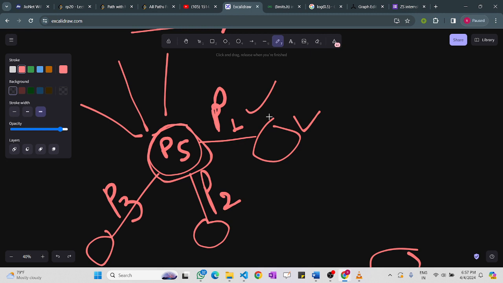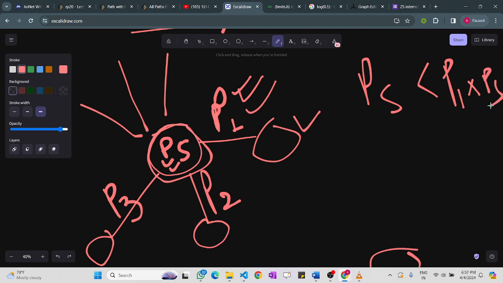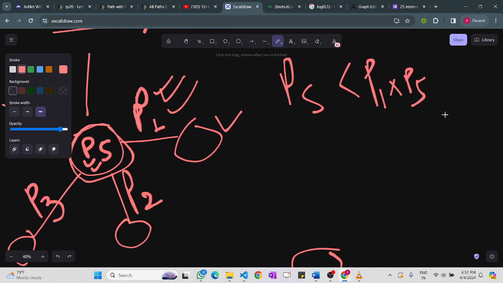will you take this? Because if you multiply probability P1 with the current P5, you are always going to get the inequality P1 into P5 is smaller than P5, because both P1 and P5 are between 0 and 1, since a probability always lies between 0 and 1.